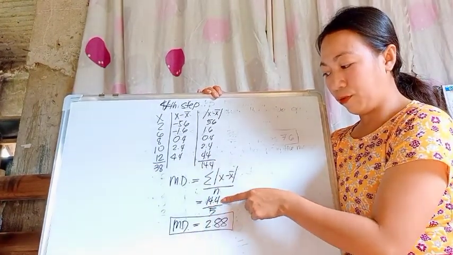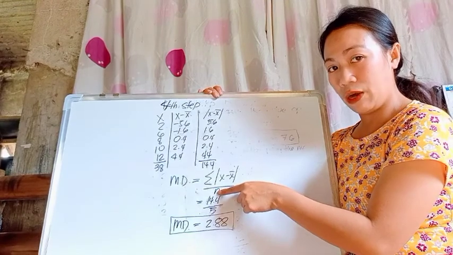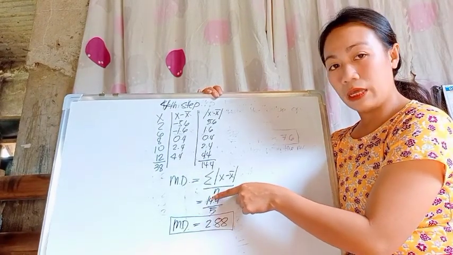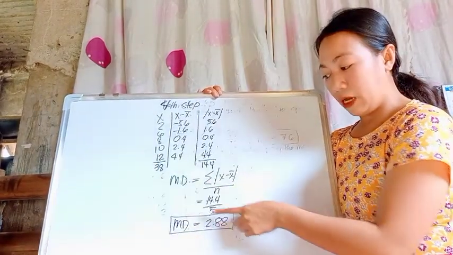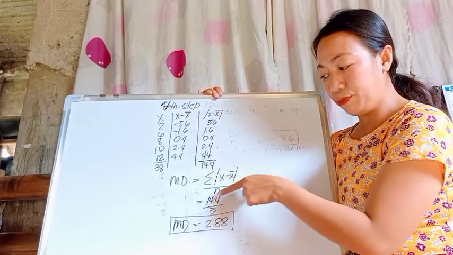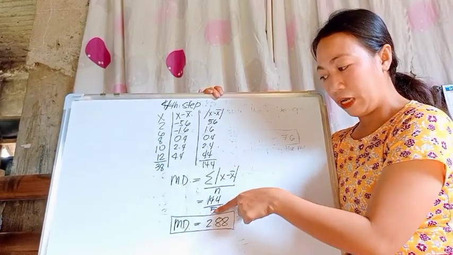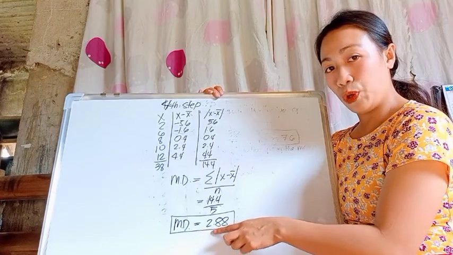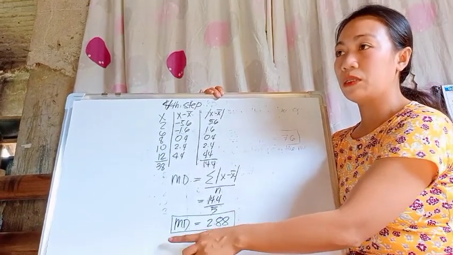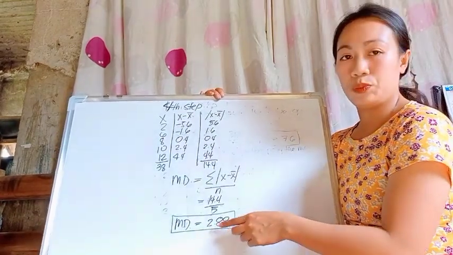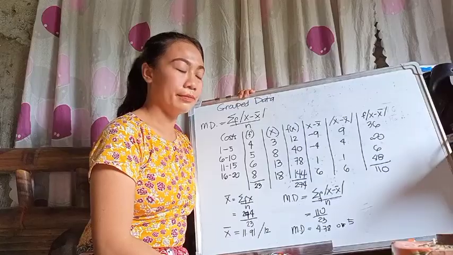So, 14.4 over n, which is our number of data, which is 5. So, 14.4 over 5. Therefore, the answer is 2.88. And the answer is, mean deviation is equal to 2.88.